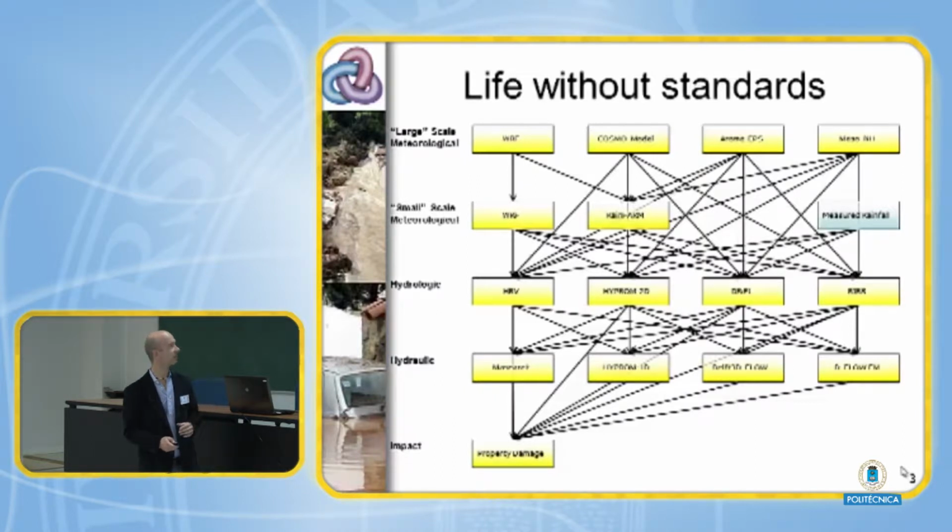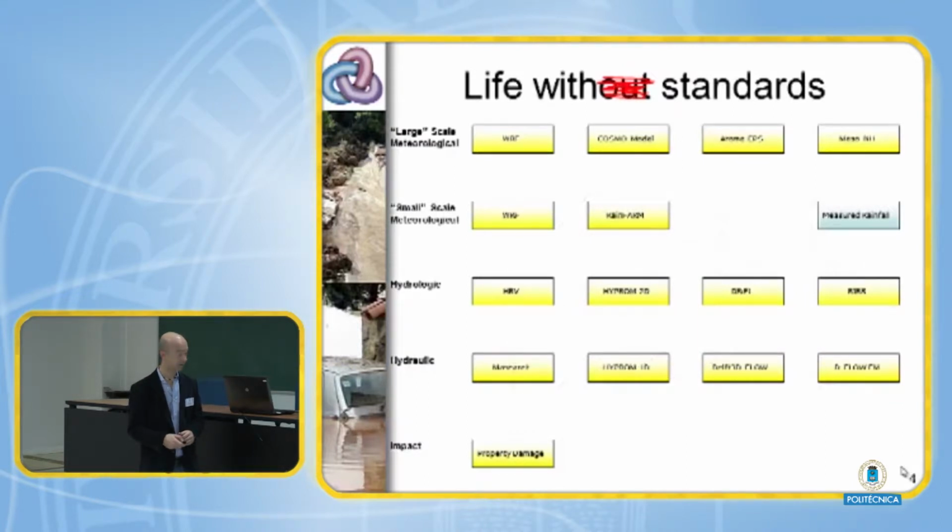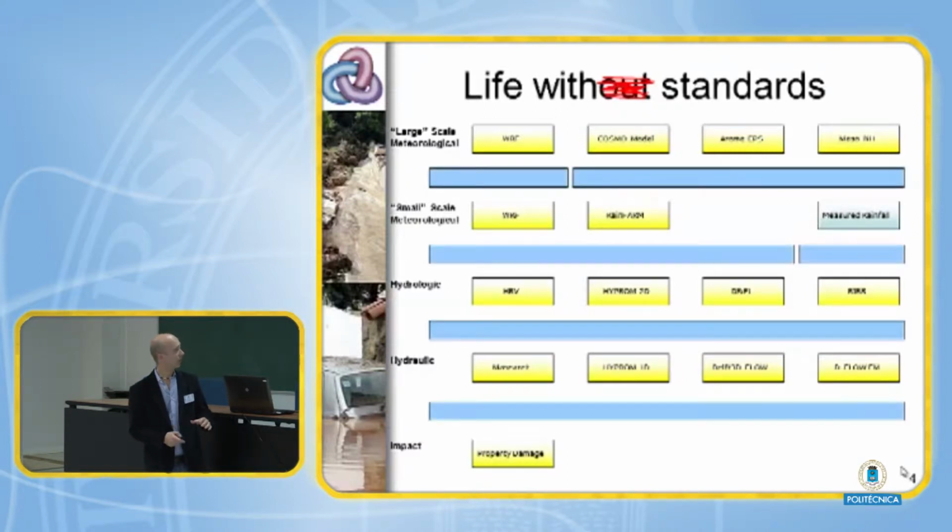So that's not a proper way, so we said, okay, what about life with standards? How do we go about it? We decided to identify a couple of interfaces, and you will see this theme reappear later during the sessions.